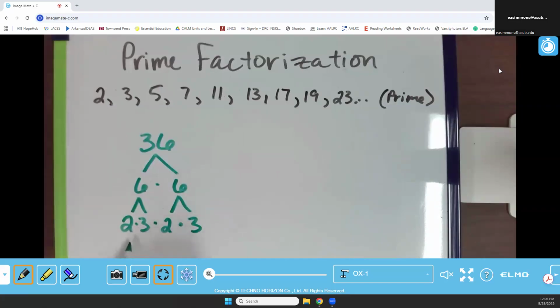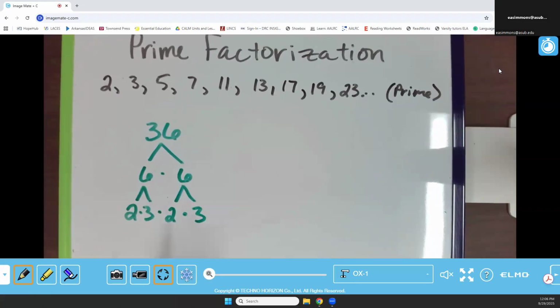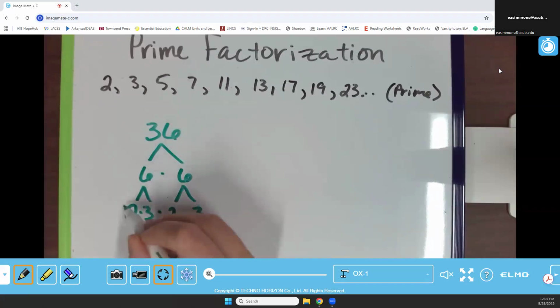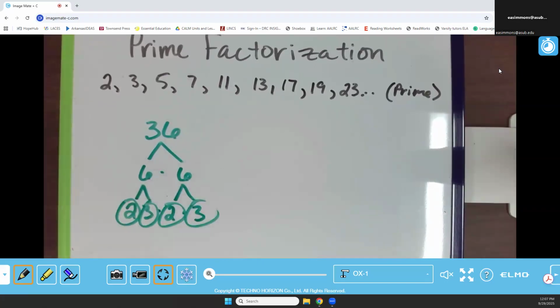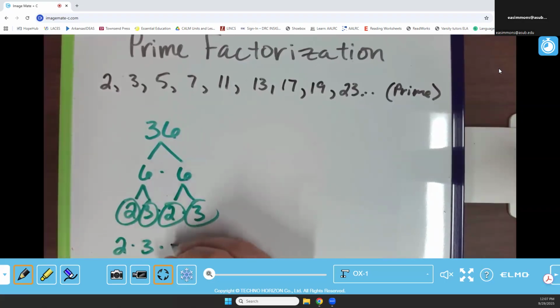If I didn't have it there, I might wind up later on looking at this and thinking that's a 23. Looking at our numbers, 2 times 3 is prime. So these are all prime numbers. I'm going to circle my prime numbers. Since each of these are prime, my prime factors for 36 are 2 times 3 times 2 times 3.